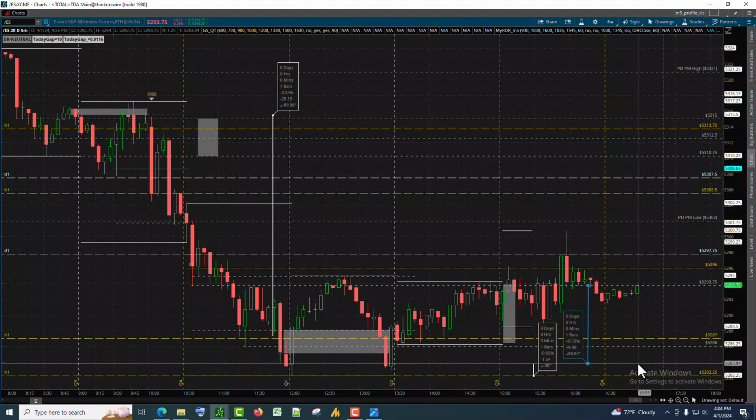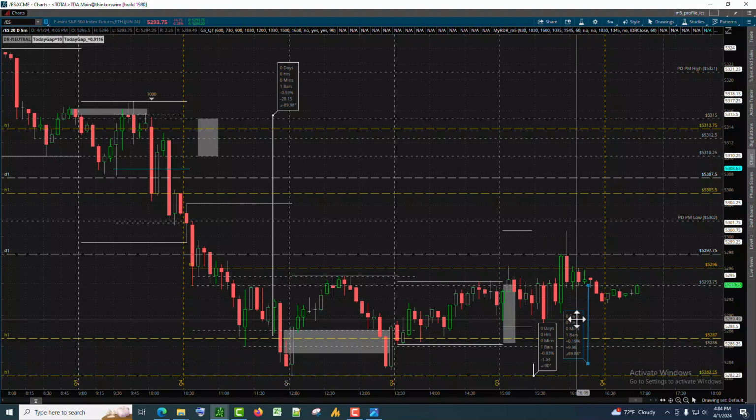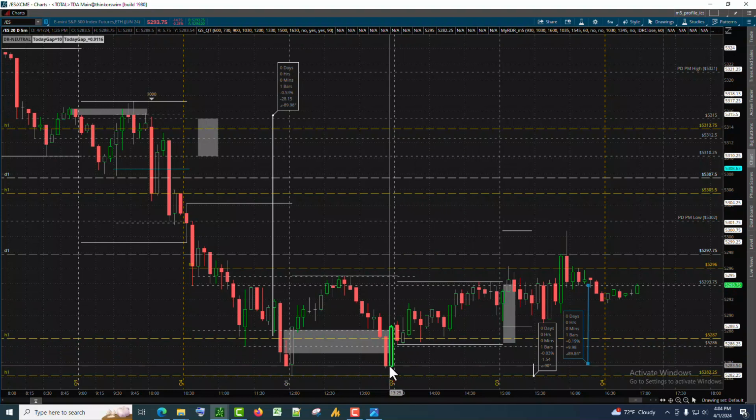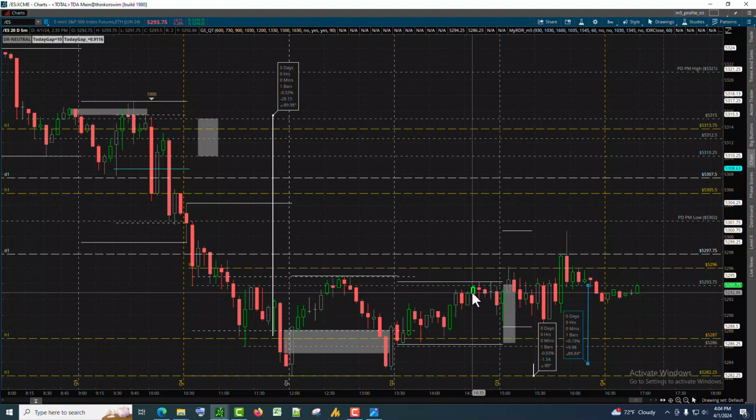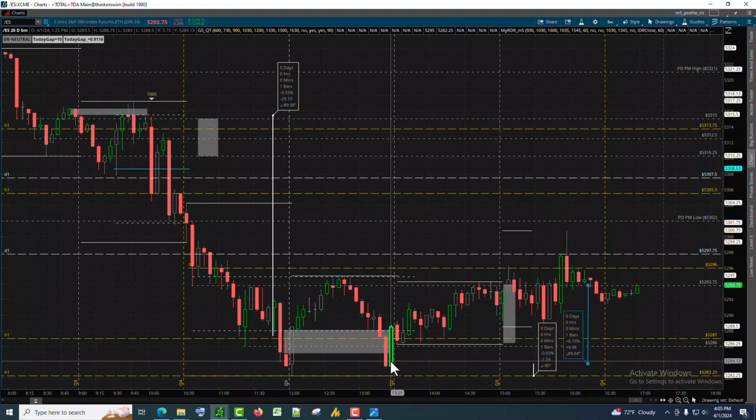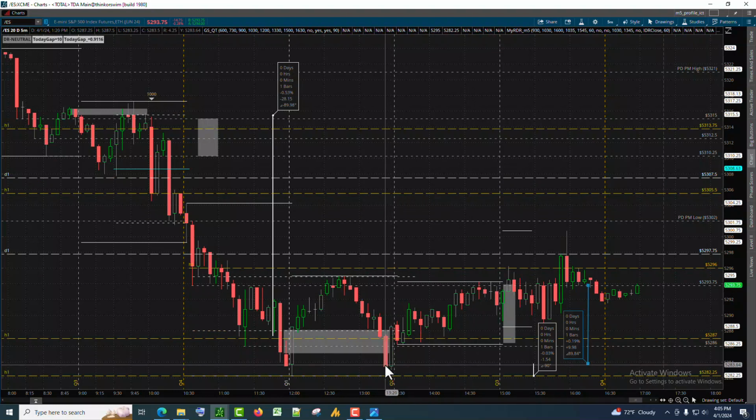Yep. So basically we have a 1 to 3 risk-to-reward ratio right there, and it hit right here at 14:35. So basically we waited for an hour. We're going right here and it hit that target exactly for us. So let's see, the time alignment is right there around 30 minutes after the hour.